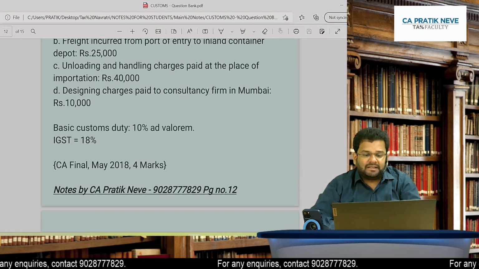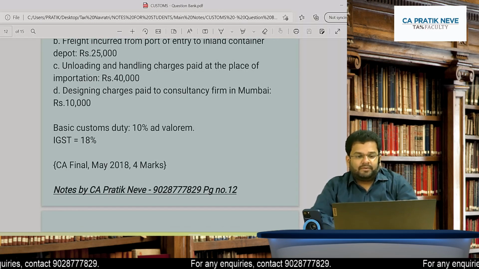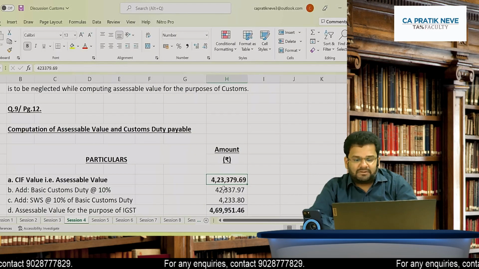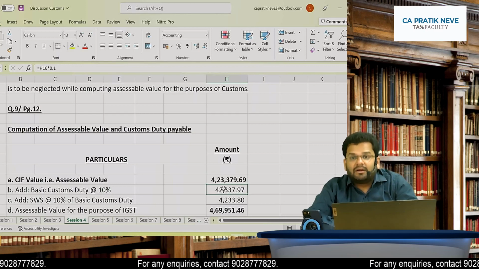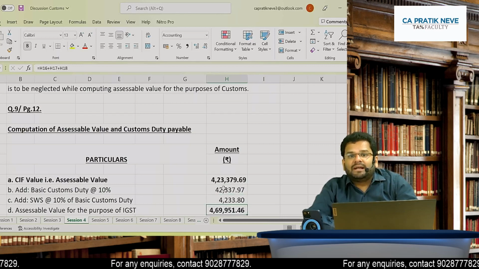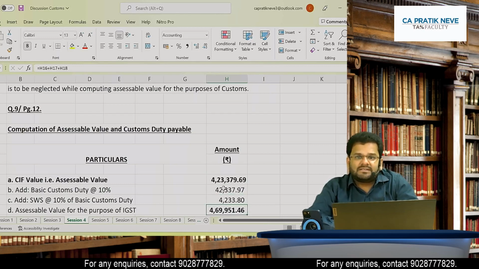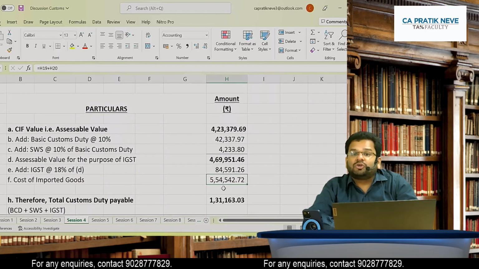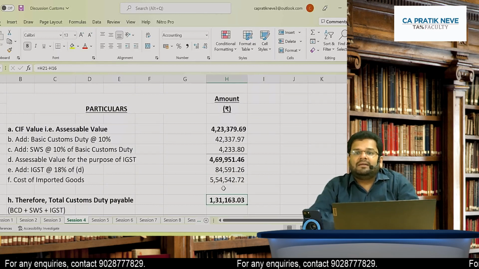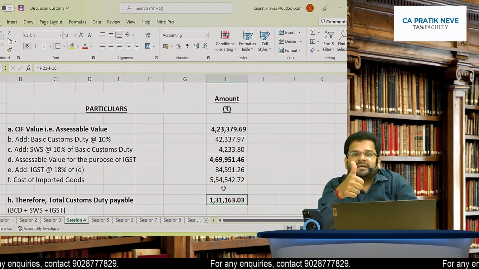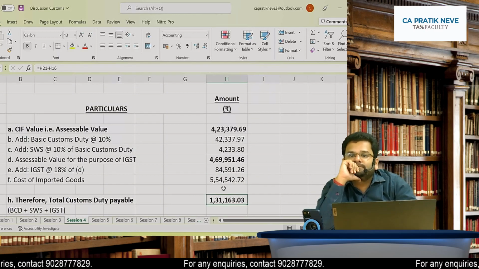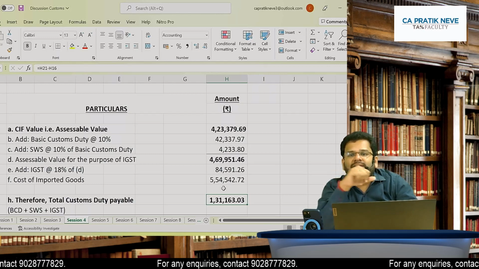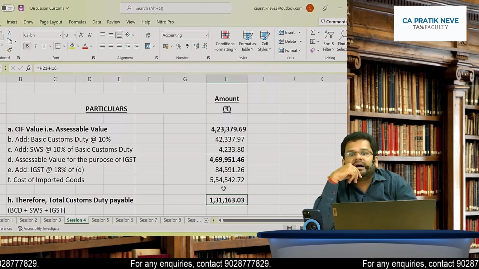Now calculate basic customs duty on that. Basic customs duty will be 10%. Never forget SWS. You will get assessable value for levy of IGST. Charge IGST at given percentage. You will get cost of imported goods, and then take total of basic customs duties, SWS and IGST.